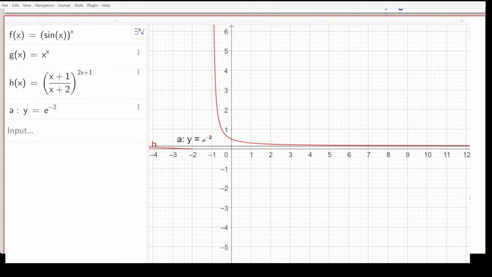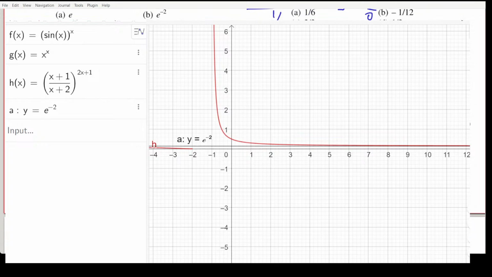So essentially we are getting (4x square plus 4x plus 1) by minus 2 into (x square plus 3x plus 2), that is, by minus 2x square minus 6x minus 4. What is this limit?